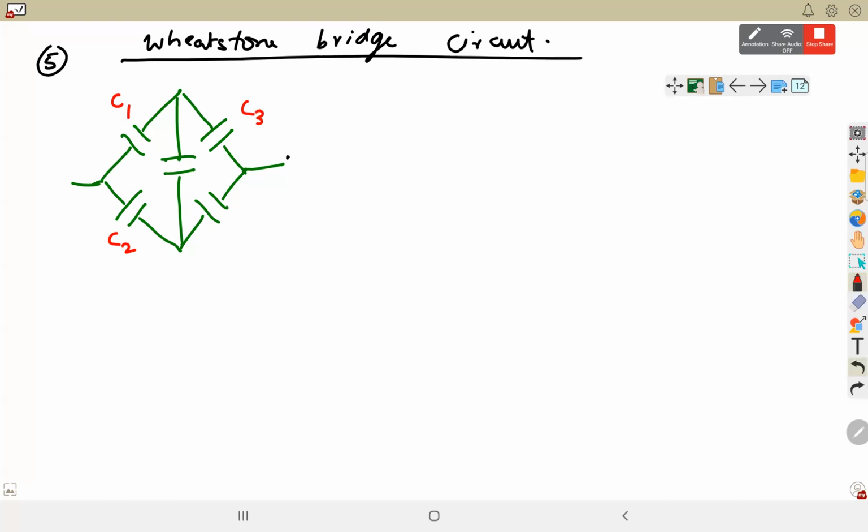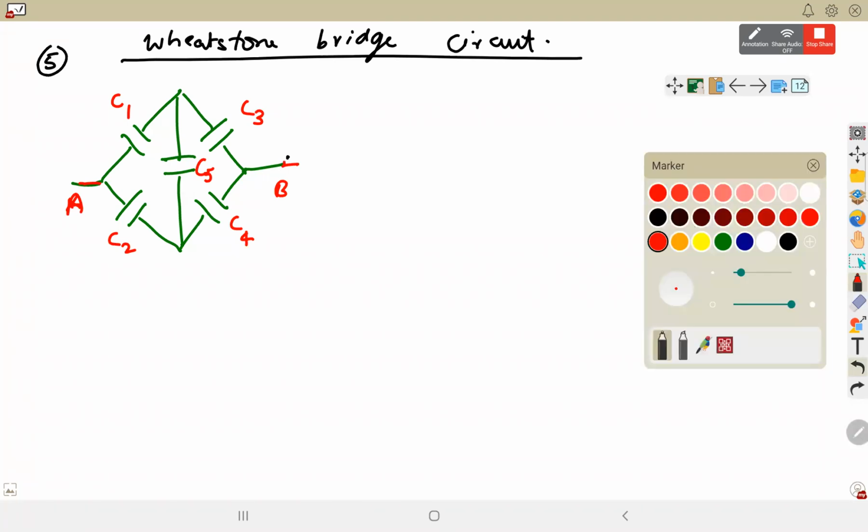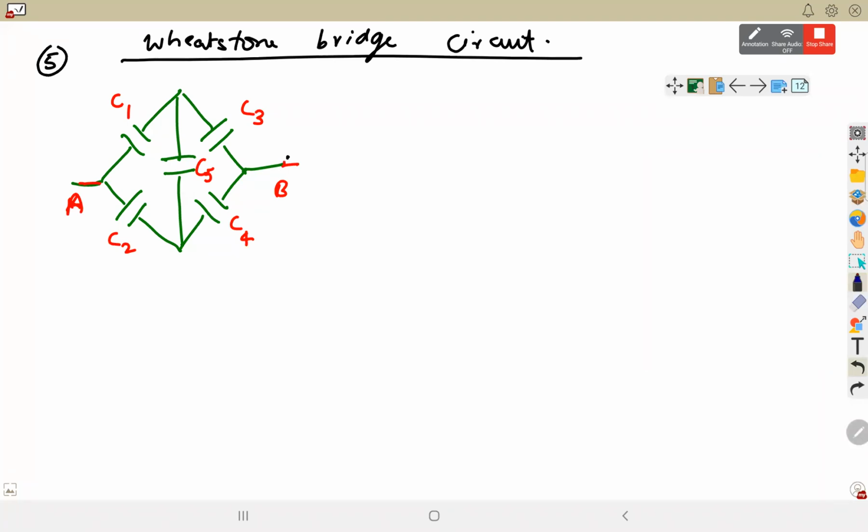C1, C2, C3, C4 and C5 between A and B. So if there is a 5 capacitor or 5 resistor, any circuit element arrangement such that 4 of them are along the sides and fifth is along the diagonal. This is called as Wheatstone bridge.